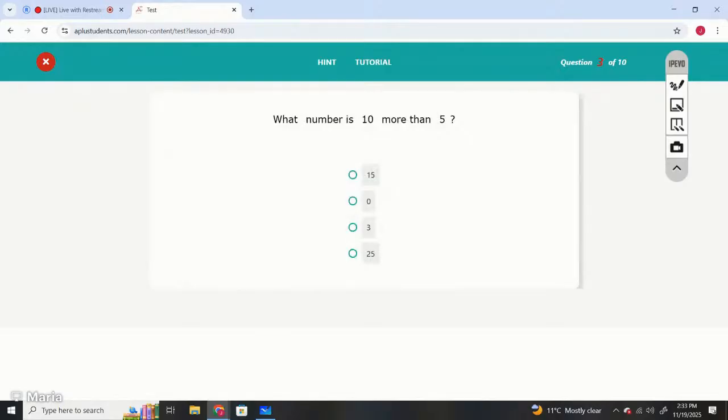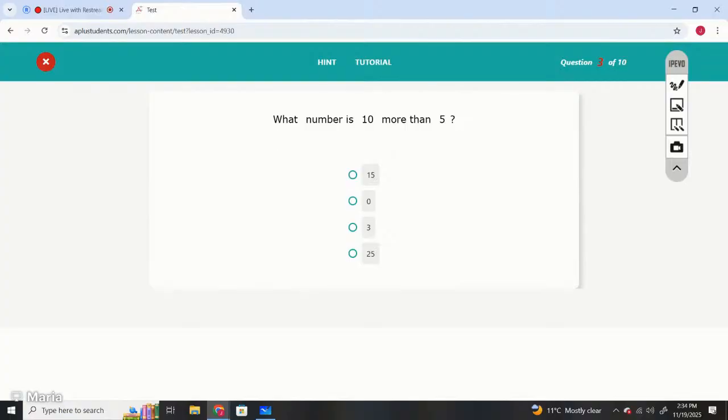What number is 10 more than 5? So 10 more than 5 means you need to add 1 to the tens digit.